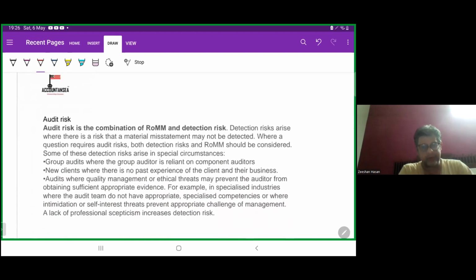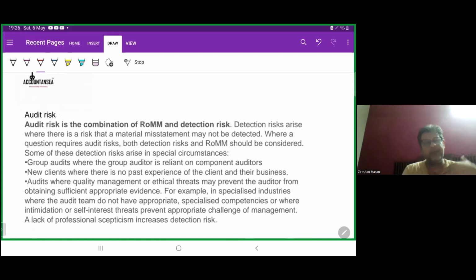Now, audit risk. Audit risk is a combination of ROMM and detection risk. Detection risk arises where there is a risk that material misstatement may not be detected by the auditor. Where a question requires audit risk, both detection risk and ROMM should be considered.